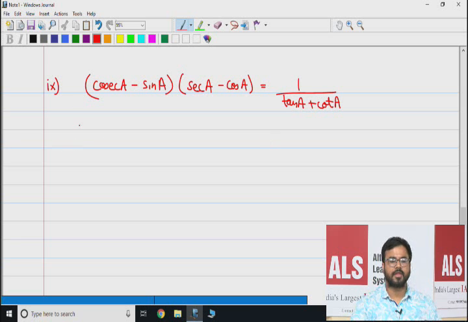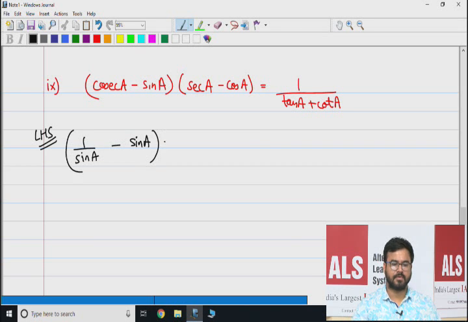Okay, so I'm solving this one. If I'm solving the left hand side, I'm converting the cosec A in terms of sine. So 1 upon sine A minus sine A, and this one 1 upon cos A minus cos A, right?